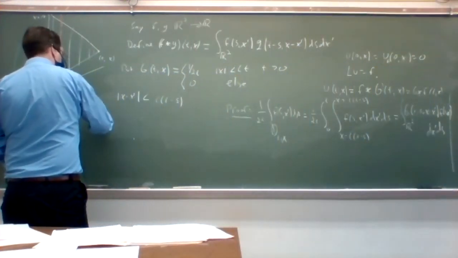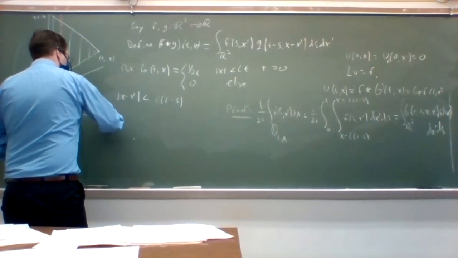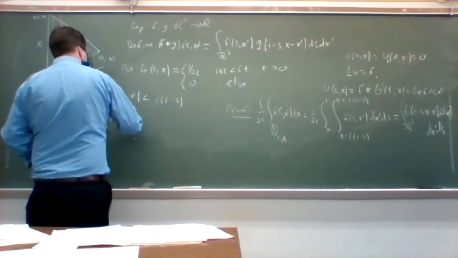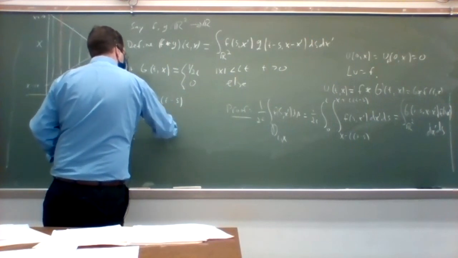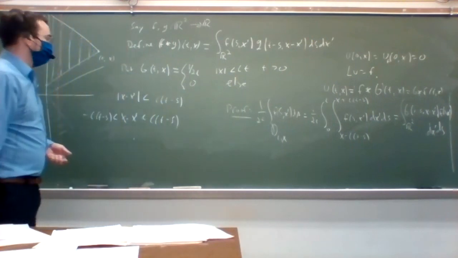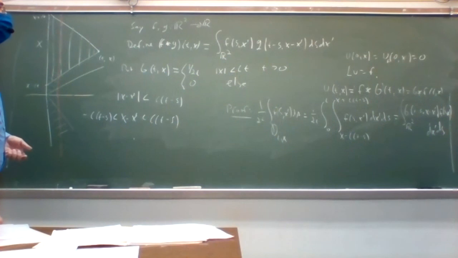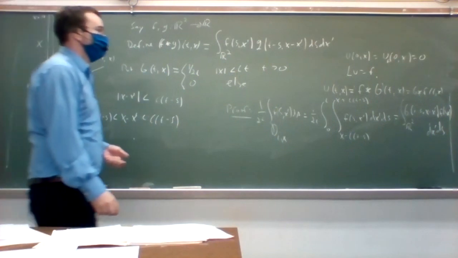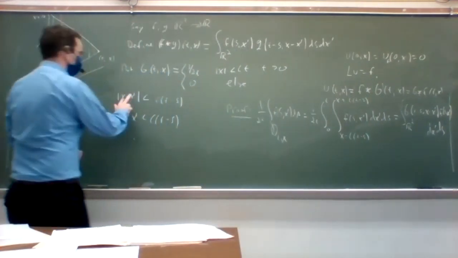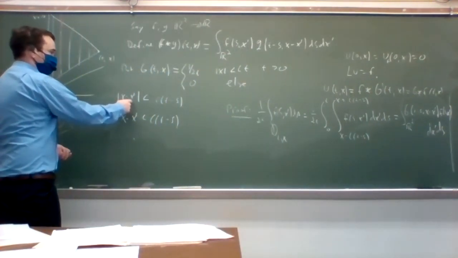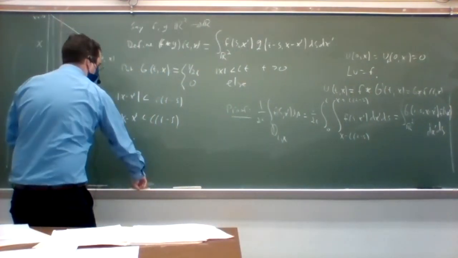So you rewrite that as minus c(t minus s) is less than x minus x' is less than c(t minus s). And I think you kind of want to put x' in the middle there. So why not just rewrite this inequality as x' minus x instead of the other way around?